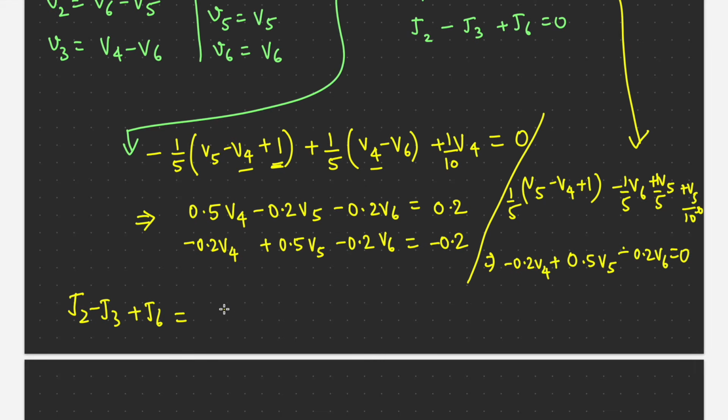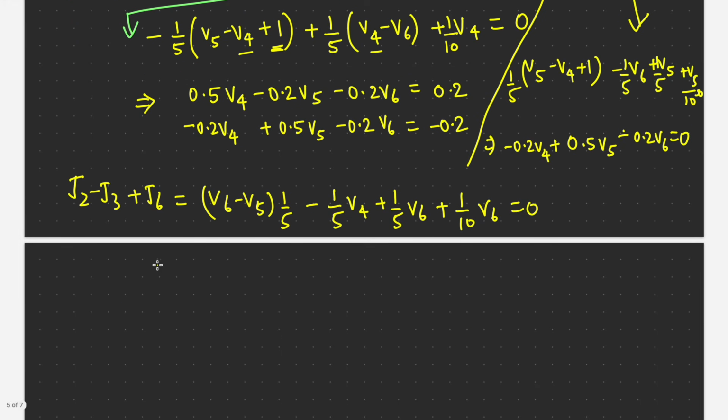So J2 is V6 minus V5 into 1 by 5, then minus J3, J3 is 1 by 5 V4 plus 1 by 5 V6, plus J6 is 1 by 10 V6, equal to 0. We can simplify this. There are so many terms for V6, so that will become combinedly 0.5 V6. The right side will be 0 in this case.